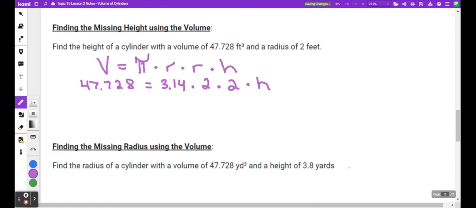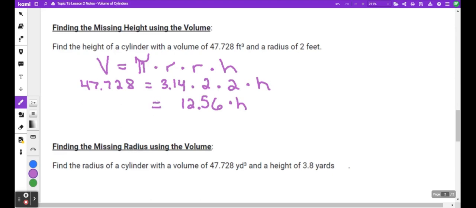I'm going to go ahead on the right-hand side and simplify the 3.14 times the 2 times the 2. I'm just going to use my calculator. And pi times 2 times 2 is going to give me 12.56. So on the right-hand side, we're going to have 12.56 times h.